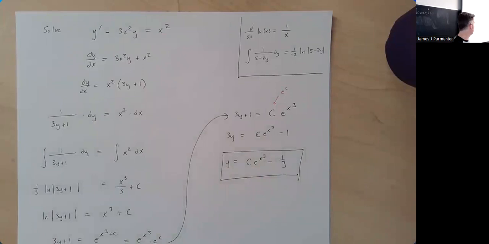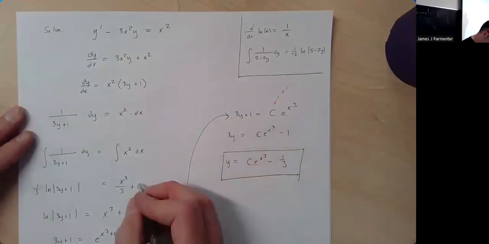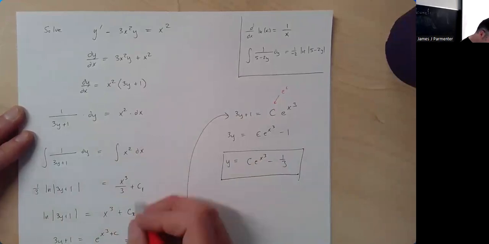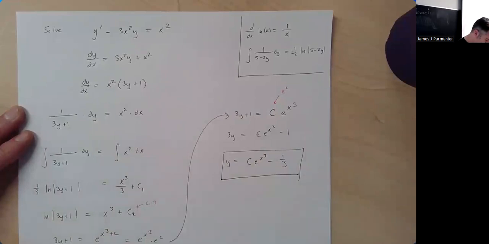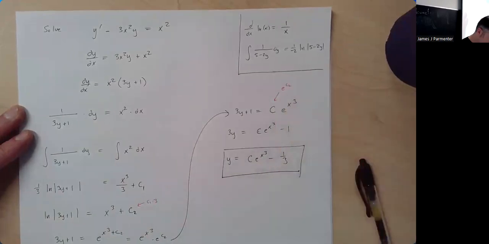Question. Why is the c e to the x cubed not divided by 3? Well, it is. Going back, here's my C1, here's C2 because I multiplied C. So C2 is C1 times 3. Then this right here is e to the C2, which is my C3.